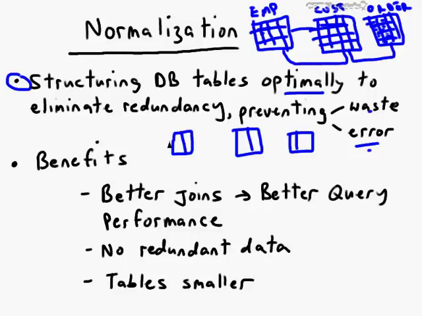Ideally, in an absolutely fully normalized database, each table is going to have some kind of ID or key column that uniquely identifies every row in that table, and then there's going to be some data column that's associated with it. That's it. Now that's a fully normalized table where there's no other column in that table that doesn't depend entirely on the primary key for its existence.